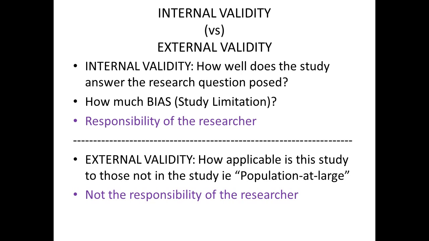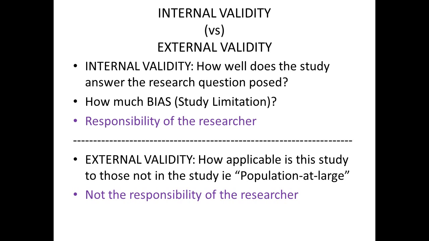A note about the internal versus the external validity. The internal validity is simply how well does the study answer the research question posed. Now, the person posing the question is the researcher, and how well does he answer the question, and how well does he document the bias.